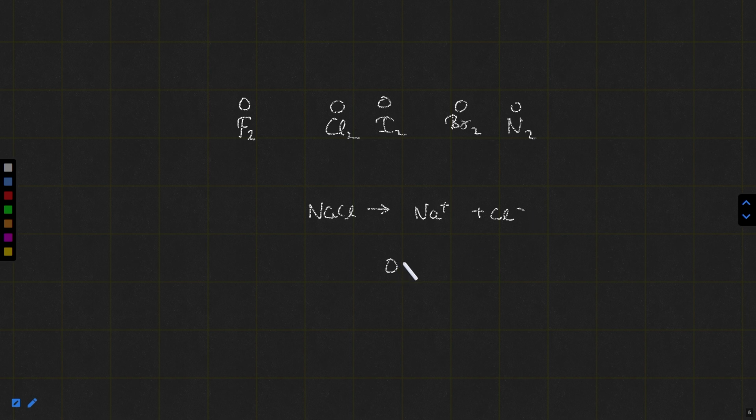So what will be the oxidation number of sodium here? I'm using a shorthand, that is oxidation number ON. So the oxidation number of sodium will be +1, which is equal to the charge on the sodium atom.